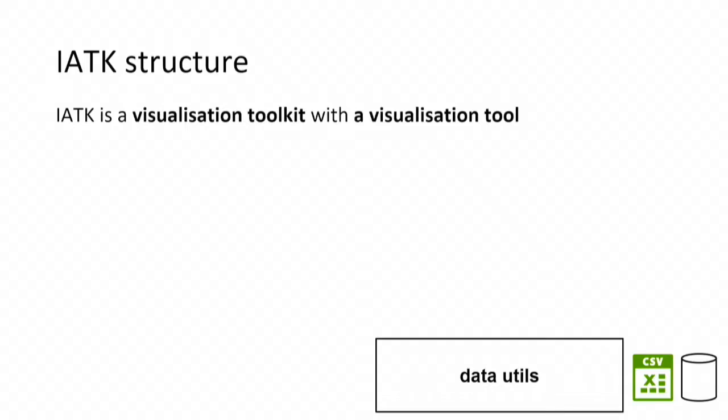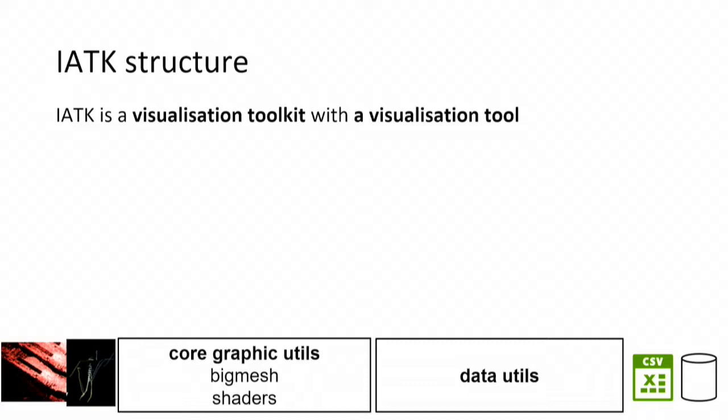Okay, very briefly, the structure, and then I show you how it works. The IATK is basically a bunch of bricks that we created. The first brick is, I want my data in Unity, so I need a data utility brick. Then there are core graphic utilities that can be reused by using the code.